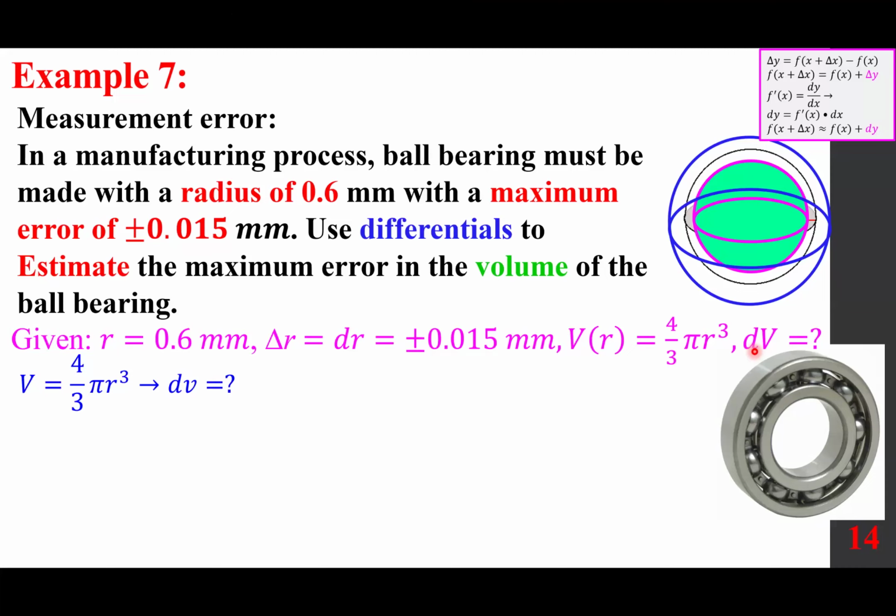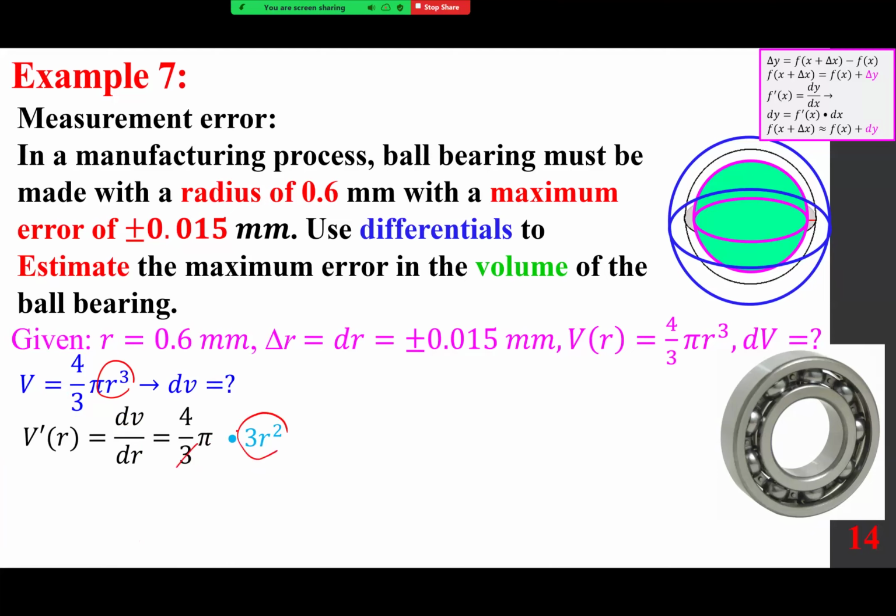To differentiate this with respect to r, we keep the 4/3 pi as the multiplier, and we deal with r cubed, which gives 3r squared, and the answer is 4 pi r squared.